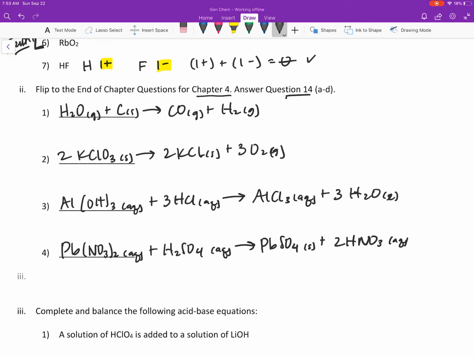Then we have aluminum hydroxide, aqueous, plus 3 HCl, aqueous, yielding aluminum chloride, which is also aqueous, plus 3 waters, and this one is a liquid. Okay, so I know my L may not look like a liquid, but it is.